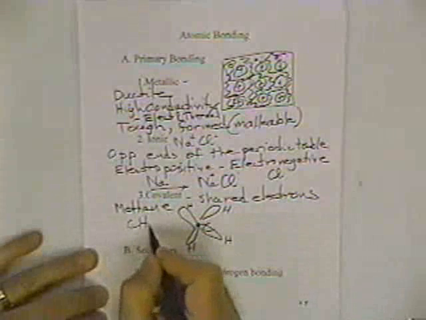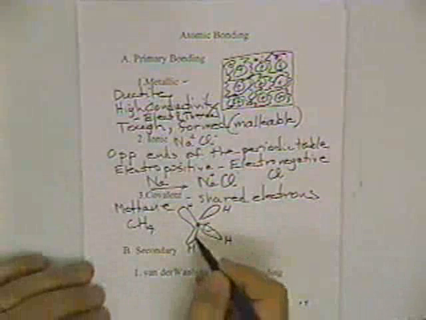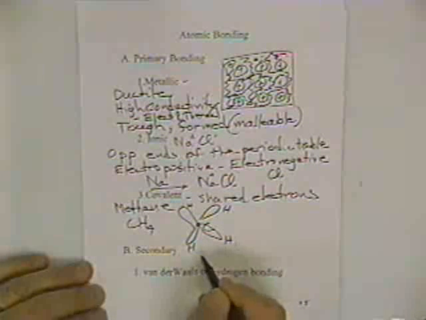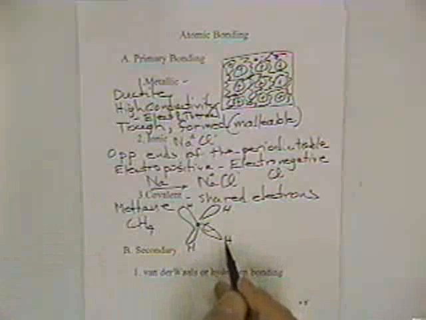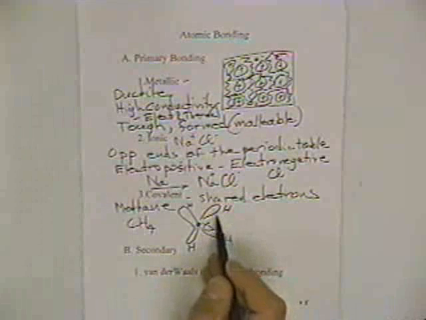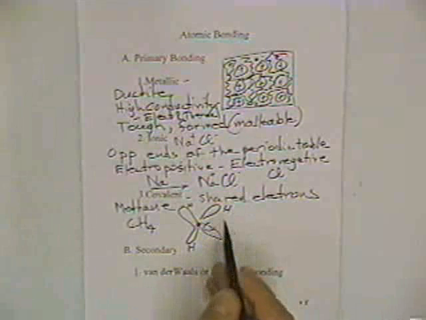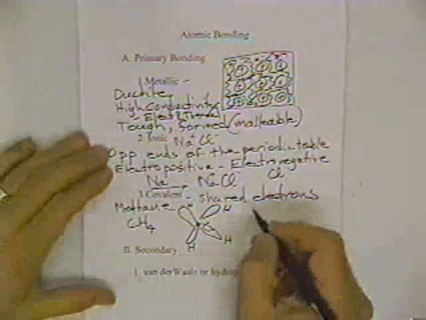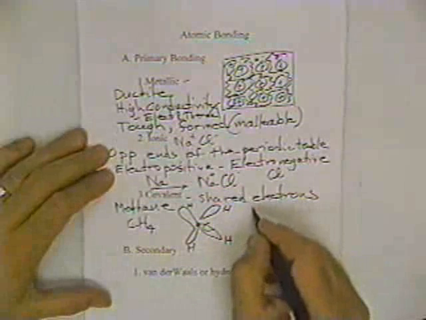So methane would be CH4. The electrons would be shared between the carbon and hydrogen. So part of the time hydrogen has 2 and it's happy. Part of the time carbon has 8 electrons, fills the outer shell, and it's happy. These bonds are very strong.